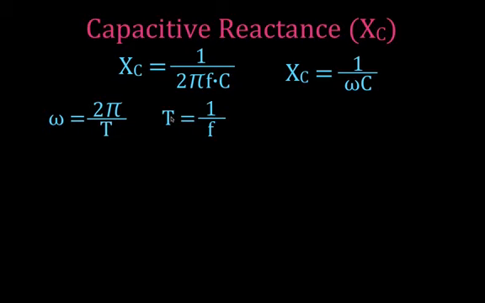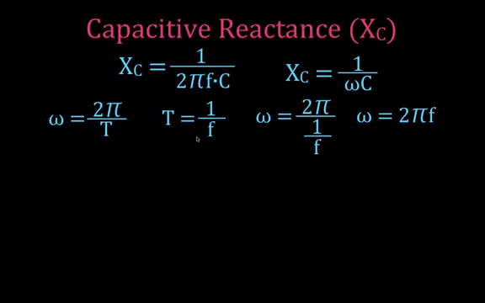Now I'm going to substitute 1 over f into this equation for T, and I get that the angular velocity, omega, is equal to 2 pi over 1 over f. Now what I can do algebraically is multiply the bottom and the top of this fraction by f over 1, and I simply get that omega is equal to 2 pi f.